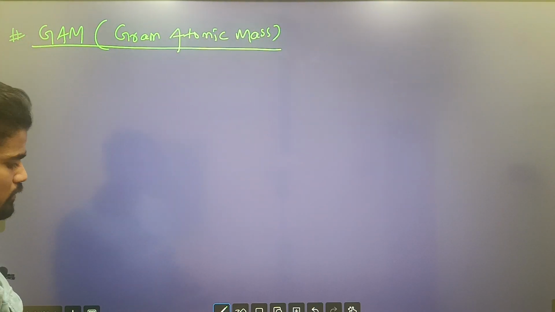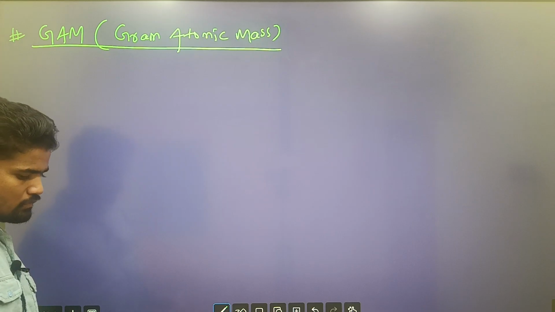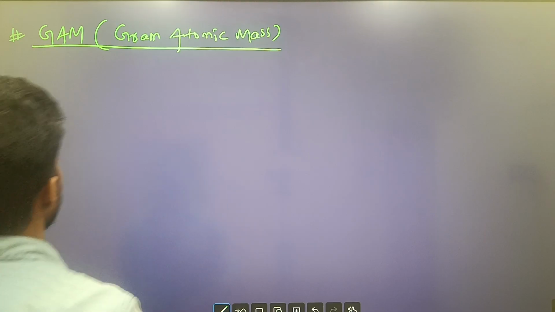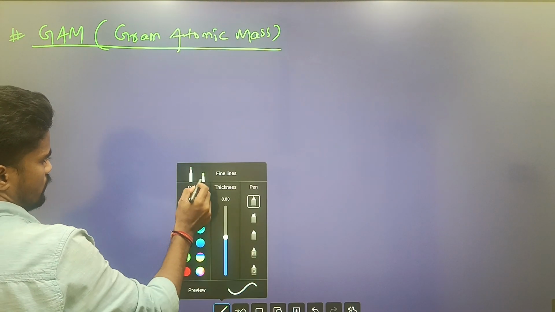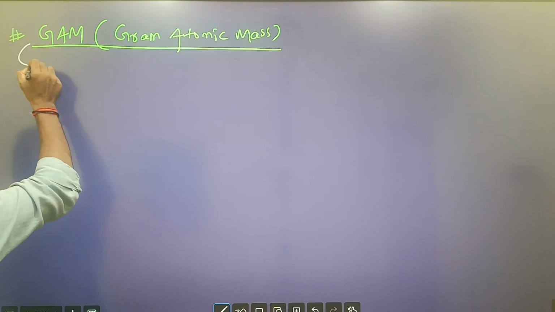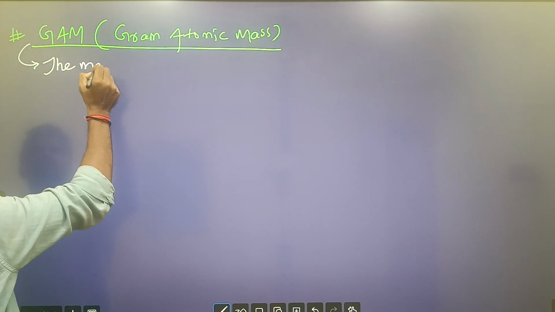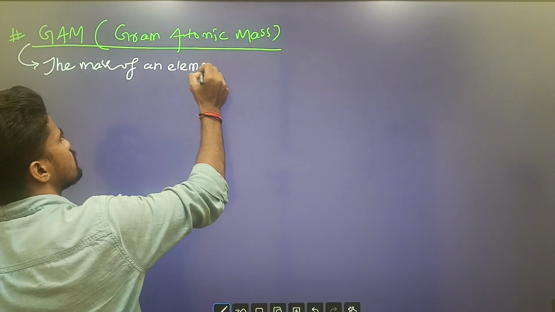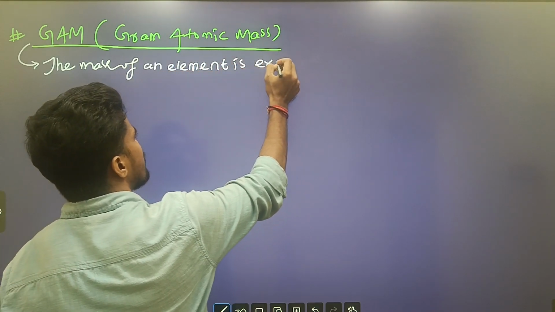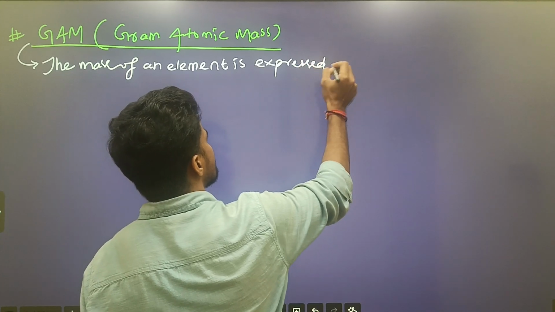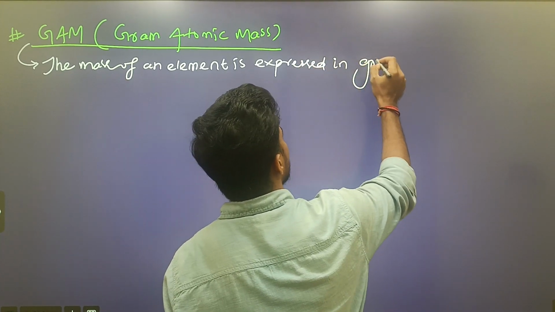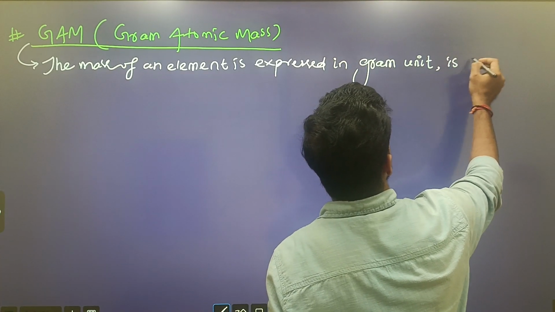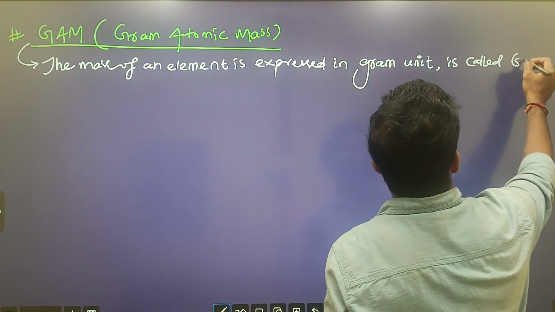So what is gram atomic mass? Gram atomic mass means the mass of an element expressed in gram unit is called gram atomic mass.